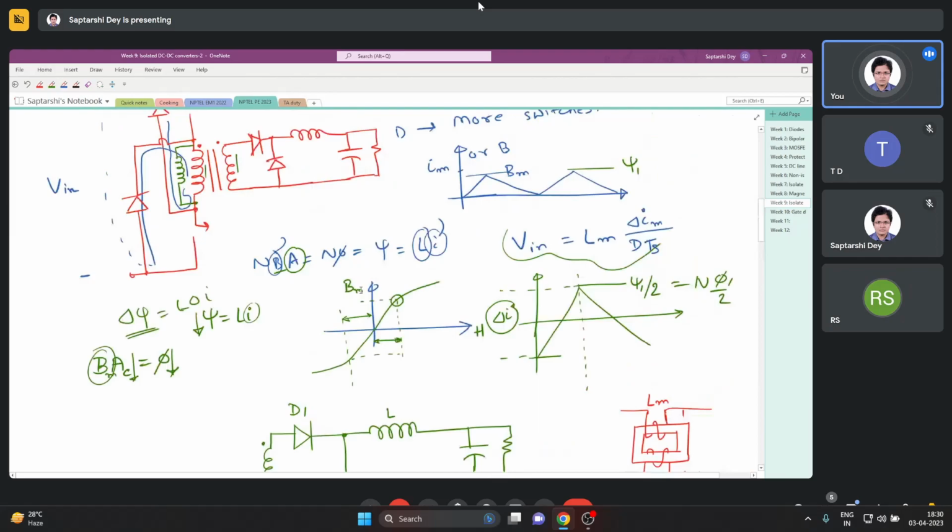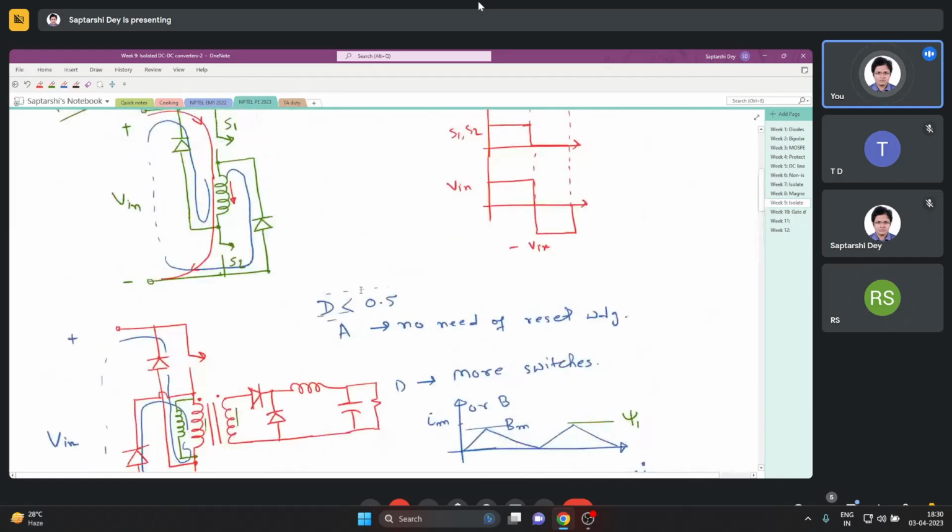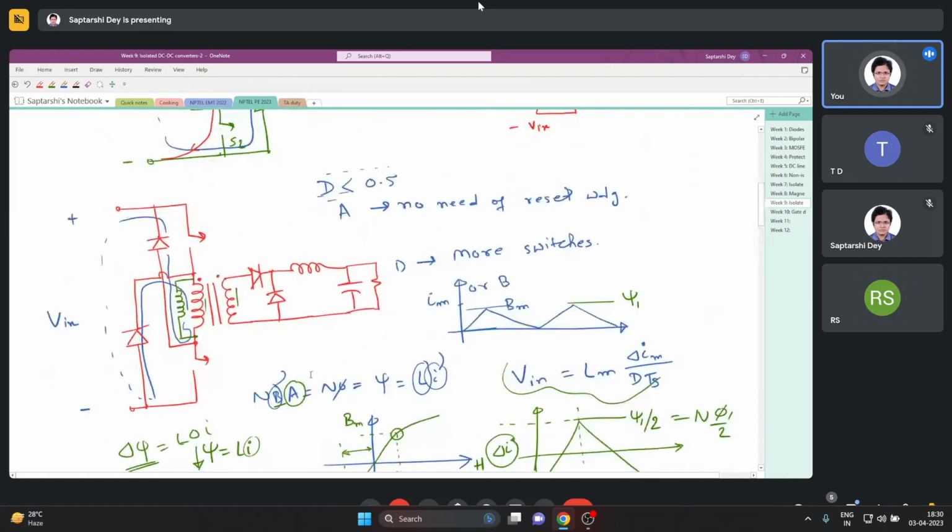We have a reset winding. With the reset winding, or maybe with this topology also, everything looks very fine, that we had a problem of energy storage, but that is somehow sorted out by using this reset circuitry.